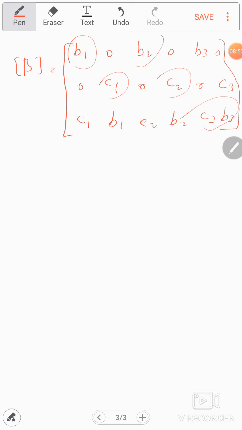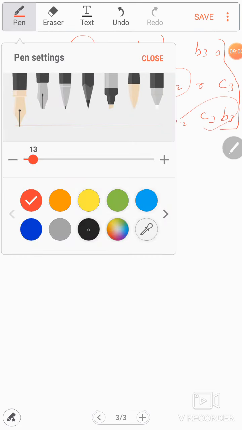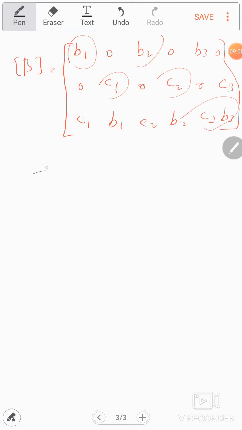Let me change the color. b1 equals y2 minus y3 equals half minus 1 equals minus 1.5. This is the value of b1.